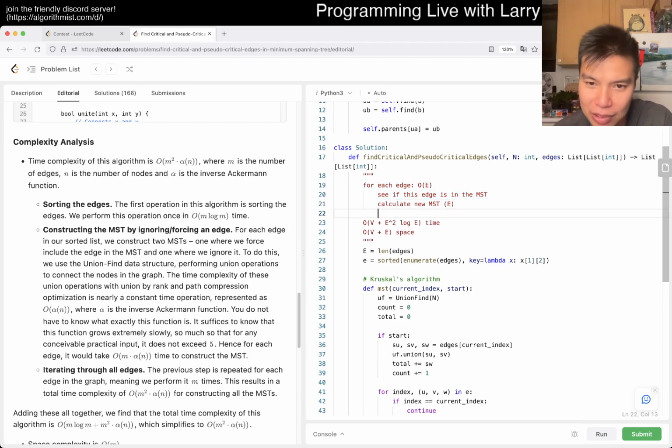I guess V squared is technically also true, but this is actually only Y squared. Technically, plus Y log Y if you want to add it back in for the initial sorting, but we don't have to sort every time we remove an edge, which is why you're able to get rid of it. I forgot about that, actually.